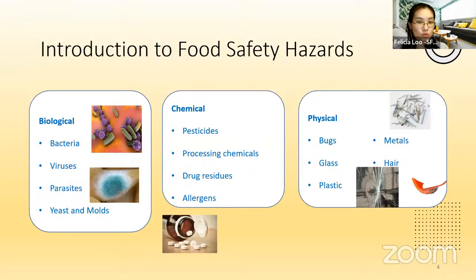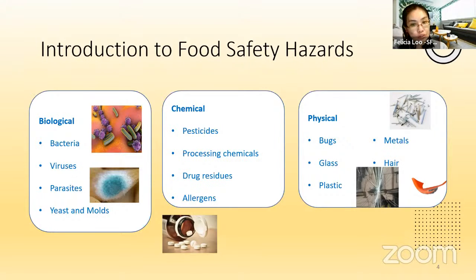In terms of chemicals, you would sometimes have pesticides, processing chemicals, residues, allergens. Most likely, when we talk about transportation, it occurs through cross-contamination when we ship items together or ship items that are not properly cleaned in a vessel together.